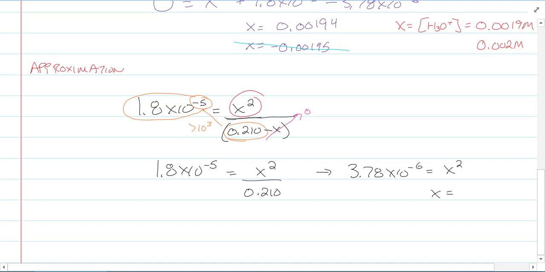If you take the square root, you get x equals 0.001944. Even at 3 sig figs, it's the same number here as it is here. So I can approximate without even doing the quadratic expression, which is quite nice. As long as K is more than 1,000 times different than the starting point, you can approximate the change to 0. That's really nice.